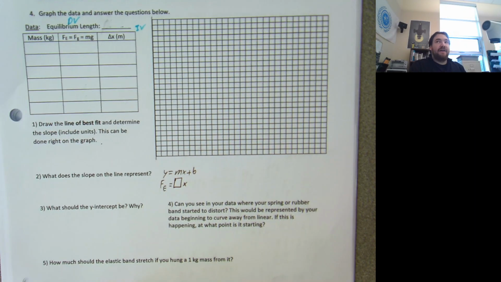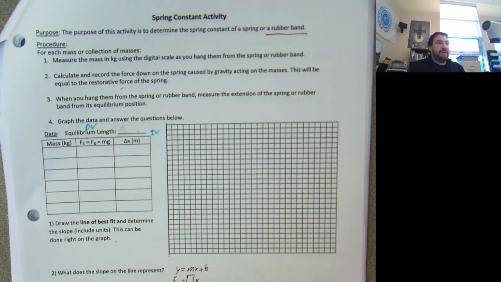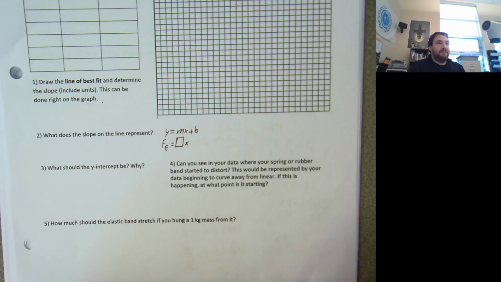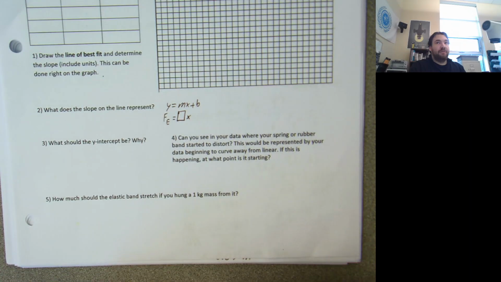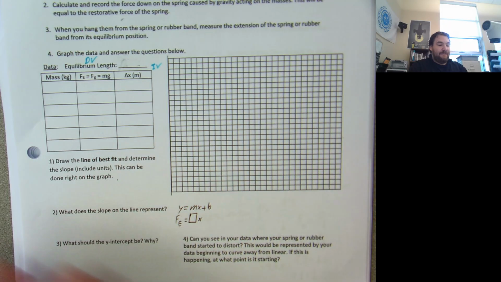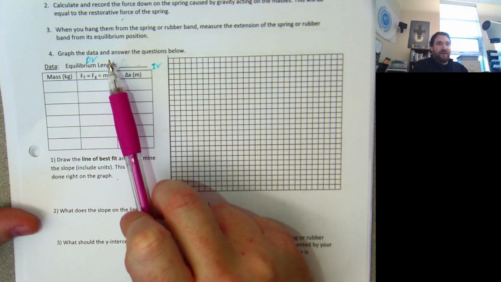Does anyone else have questions about the spring constant activity that you'd like me to address at this stage? Interpretation questions or nothing? Okay, yes, something. Equilibrium length? Yeah. That's without stretch.